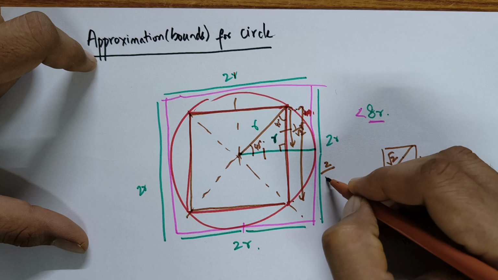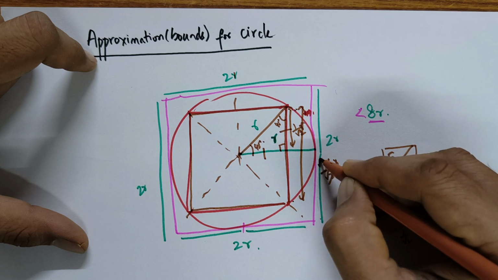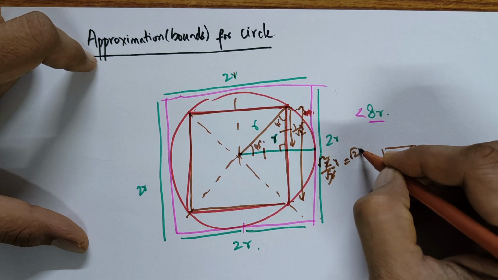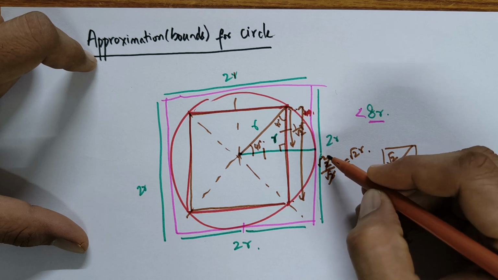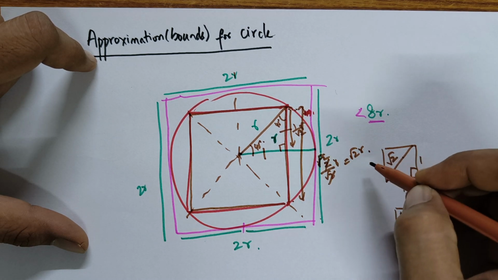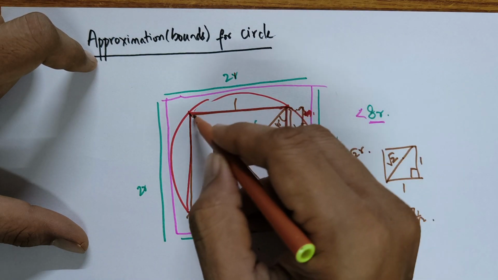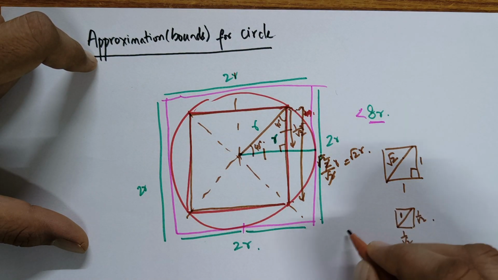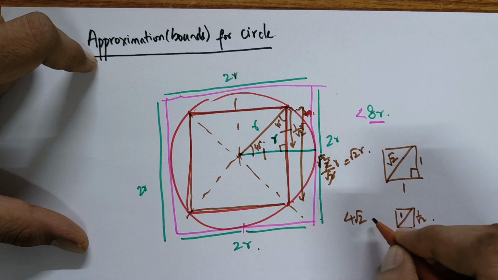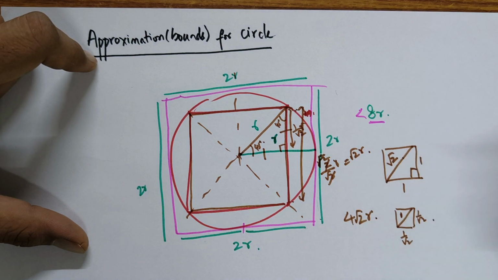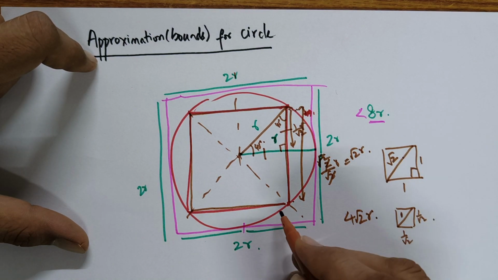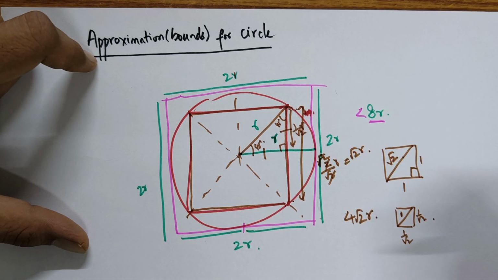So that is 2 over root 2 times r. Remember, 2 is root 2 times root 2, so one of the root 2's gets cancelled, and the other root 2 is still there. So this is root 2 times r, and there are 4 of them, so you have 4 root 2 times r. This is my perimeter of the square inside the circle.